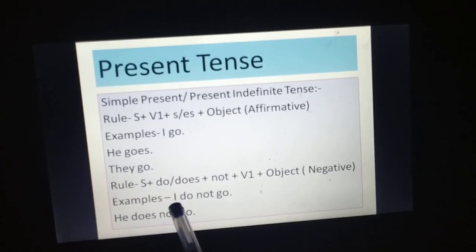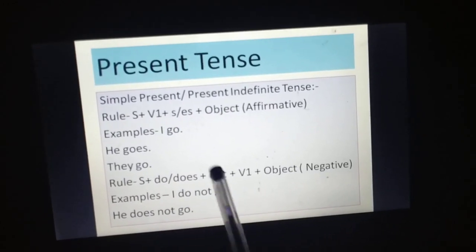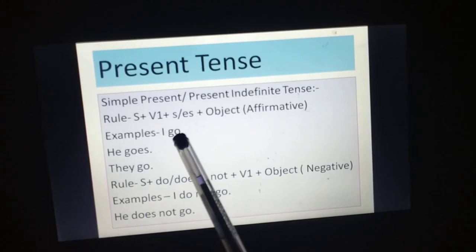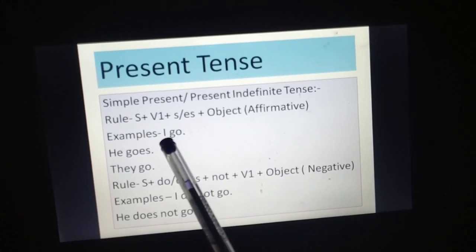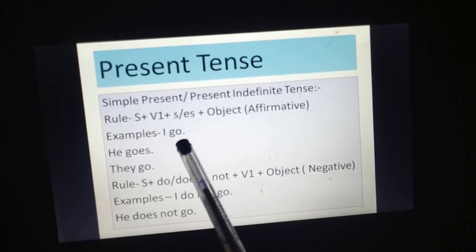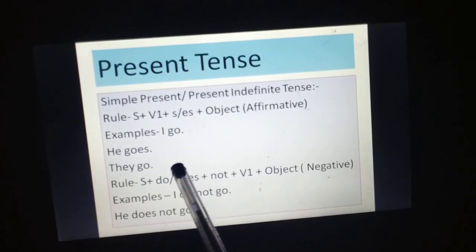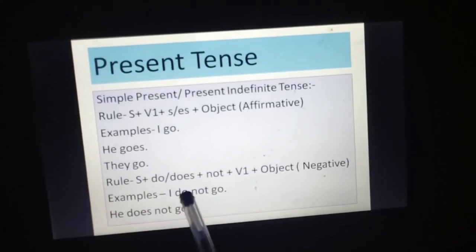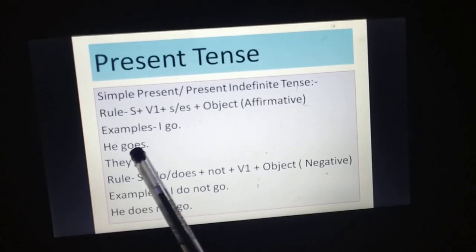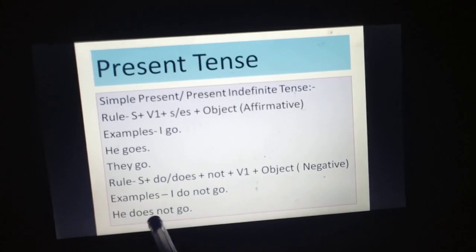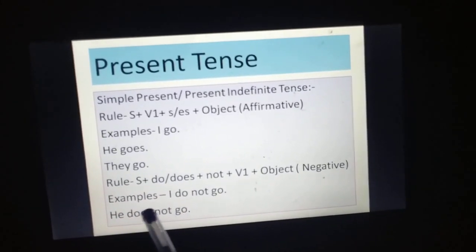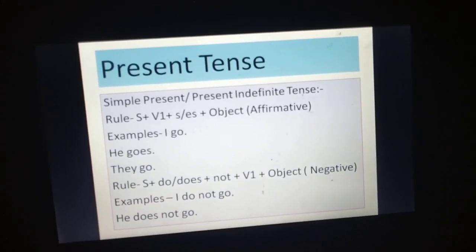Now let's study I do not go. Here it is I go. We have to add do not with it because I is first person, and we use does with third person singulars. I do not go. He goes. Now we will use does with it. He does not go.